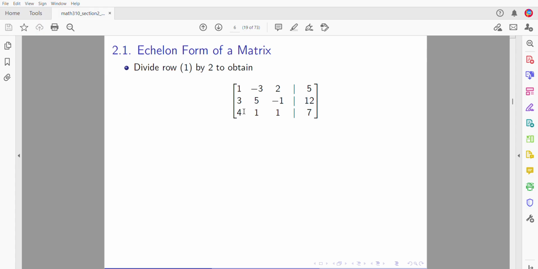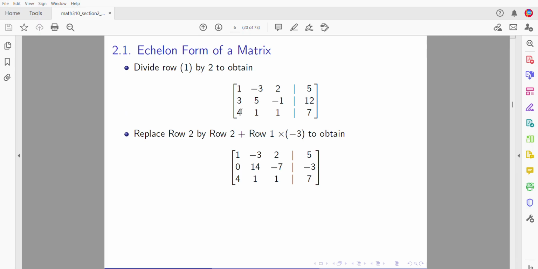So I use -3 times row 1 added to row 2, and -4 times row 1 added to row 3. Row 2, replace row 2 by row 2 plus row 1 times -3. You got a 0 there.